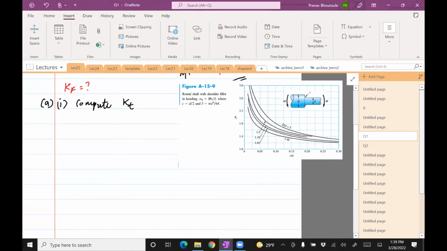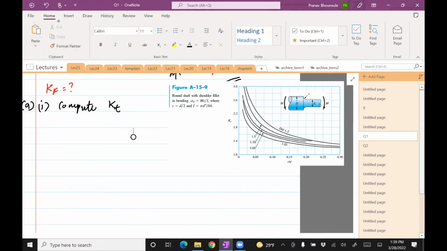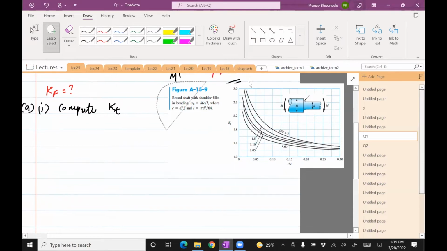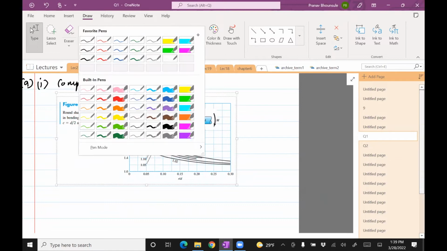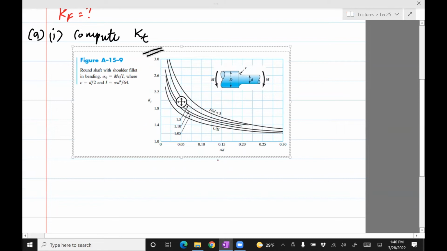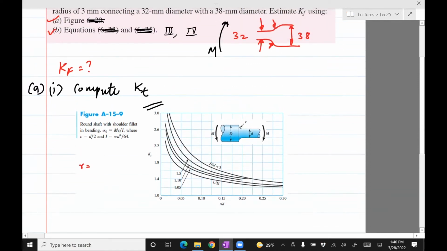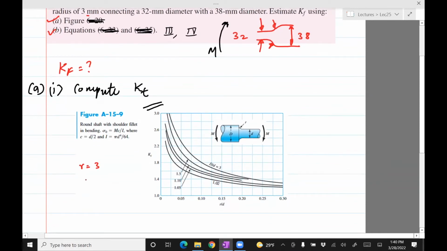So it's A-15-9. We see that KT depends on the ratio of r divided by d, where r is the fillet radius and d is the diameter of the smaller shaft. r in this case is given as 3 mm, and the diameter of the smaller shaft is 32.